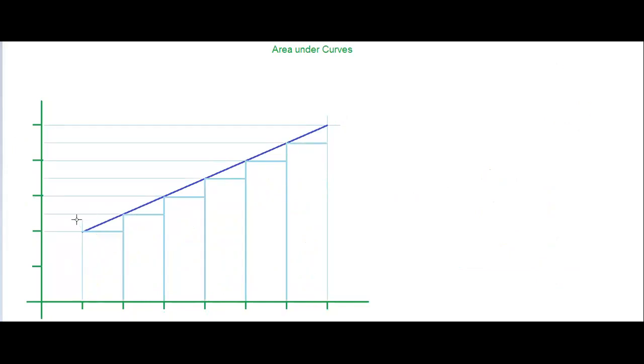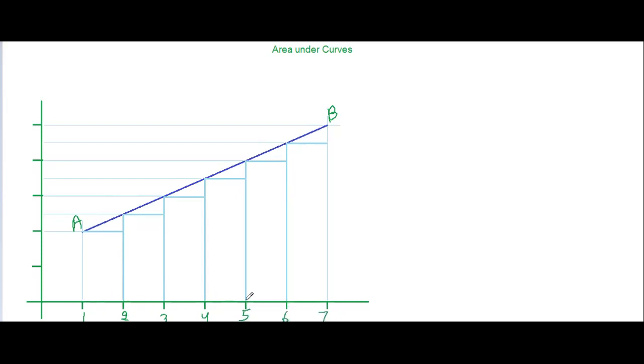Again, the same line segment AB is here. But what I have done, on the x-axis, the spread of this line segment is from 1 to 7.